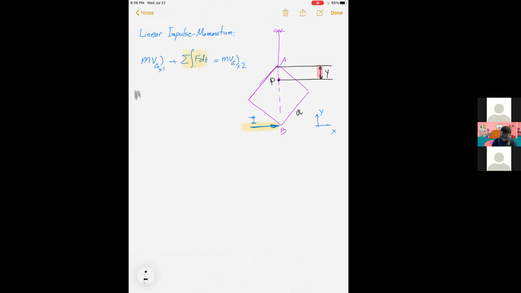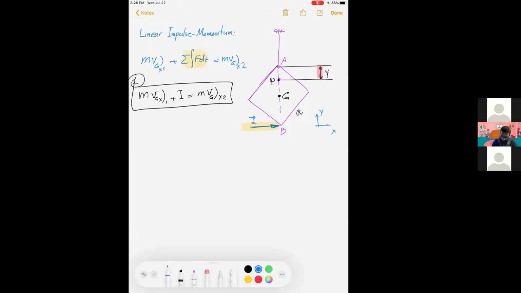I'm going to get m vGx1 plus I, and G is obviously in the middle, right? Is equal to m vGx2. This is going to be equation number 1.